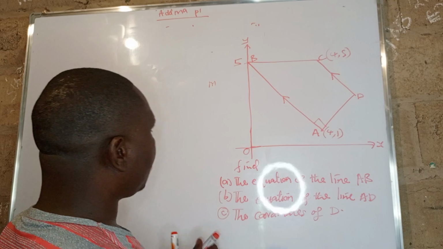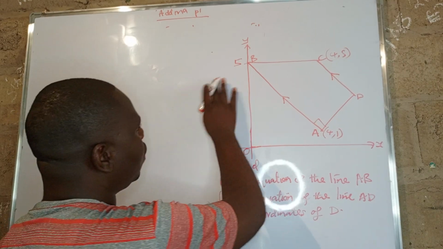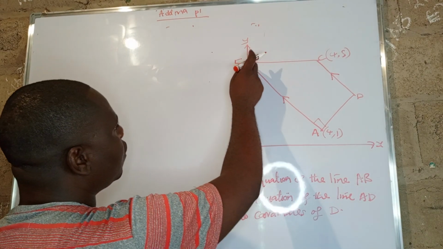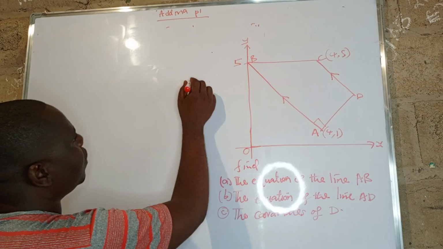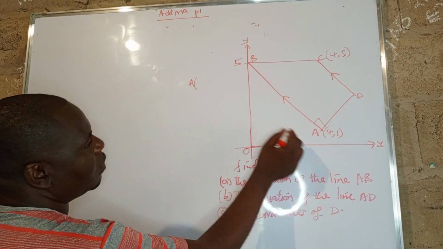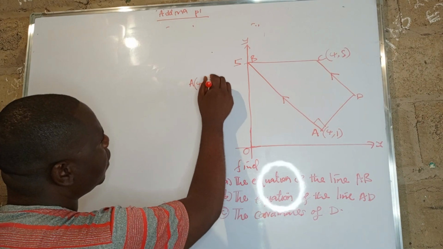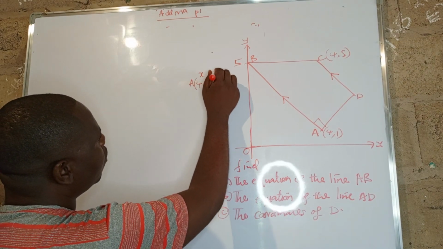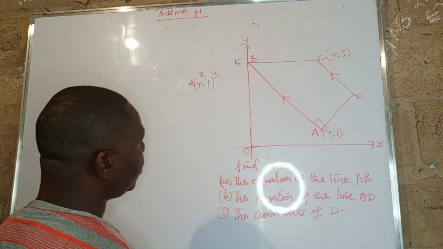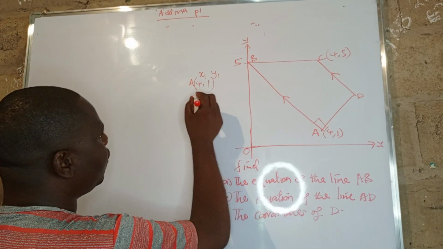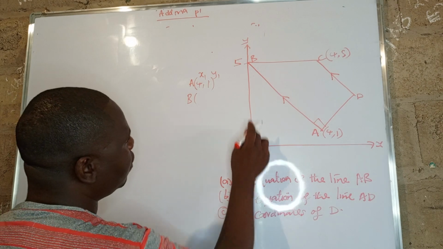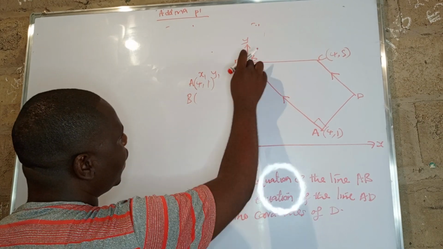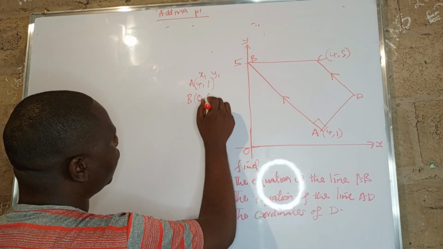So for us to come up with a gradient, we need to know the points. I can start with point A. Point A is (4,1), which is x1, y1. Then the point for B is (0,5).